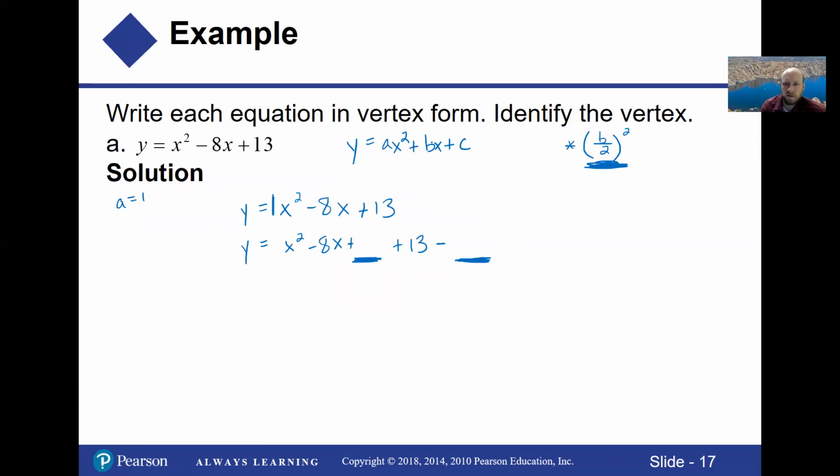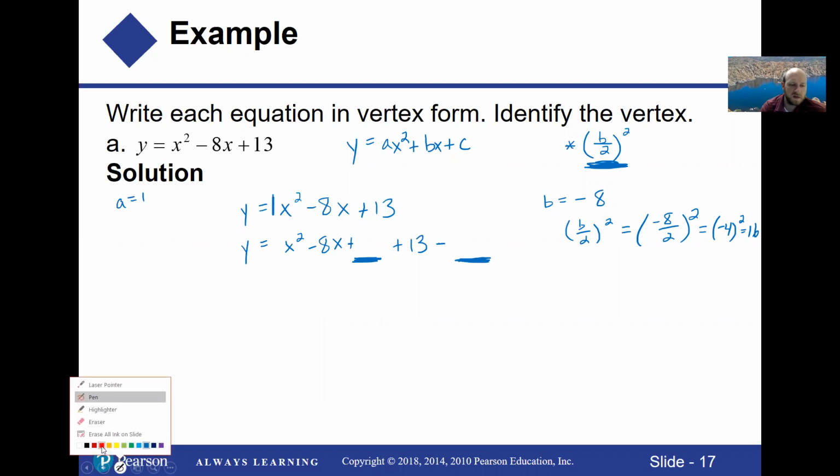So what is b over 2 squared? Well, b in this case equals, sorry, not 8, but negative 8. So b over 2 squared is negative 8 over 2 squared, which is negative 4 squared, which is 16. So what am I doing here? I'm adding and subtracting 16. Actually, why don't I do all this in red?